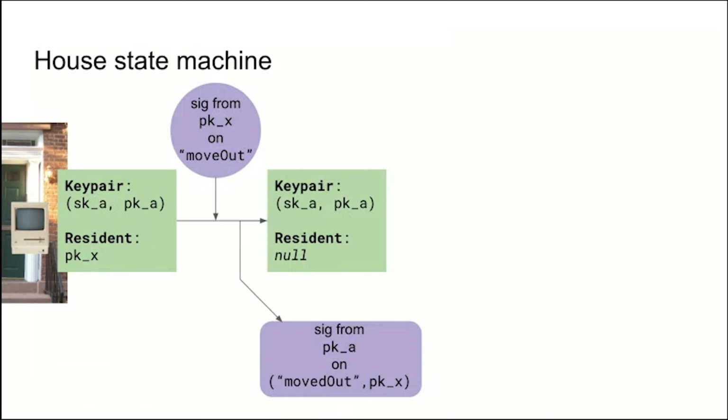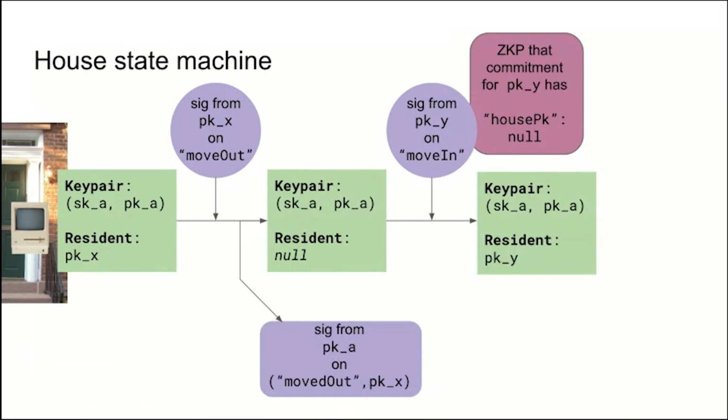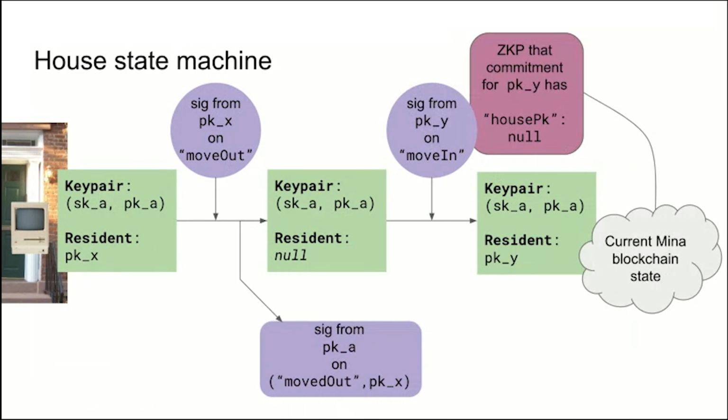And then if someone wants to move in, what do they have to provide? They have to provide a signature from their new public key, this is a new guy, Y, on the message, I'm moving in, and a zero-knowledge proof that the on-chain commitment, the on-chain hash corresponding to PKY's account, has house PK set to null. So it proves, here's the current Mina state, which you can get from the internet.